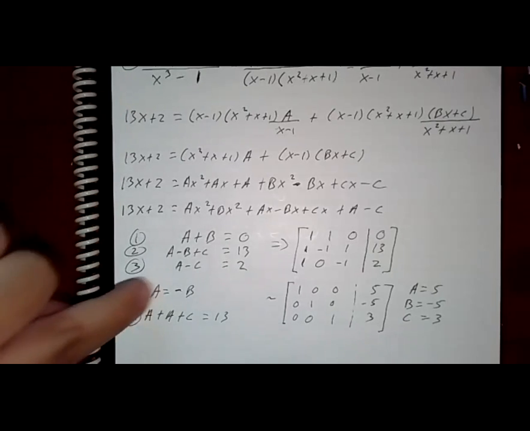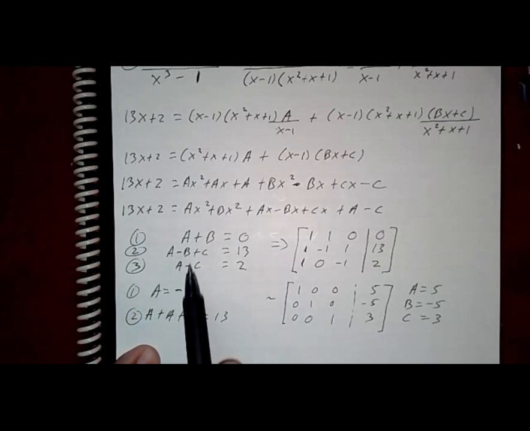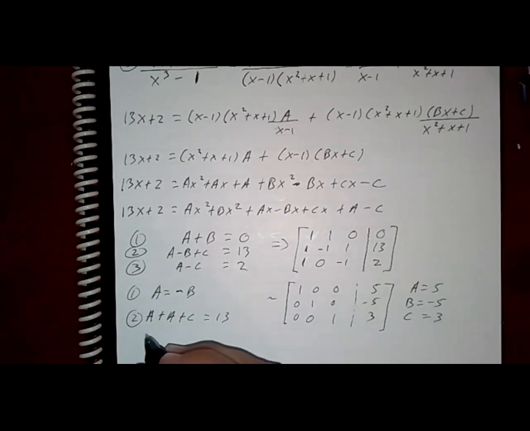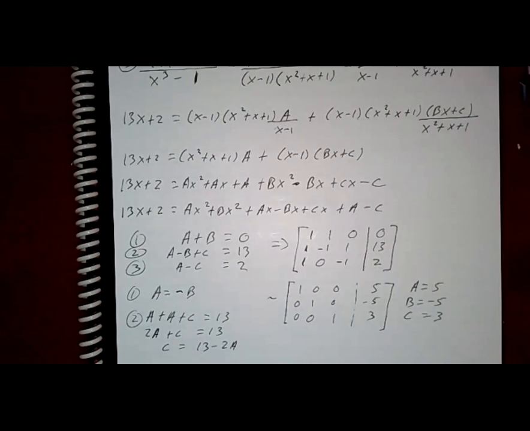If I replace, because they have -B right there, that can be replaced with A. Okay, so now I have 2A plus C equal to 13. So that means that C is equal to 13 minus 2A using equation 2.